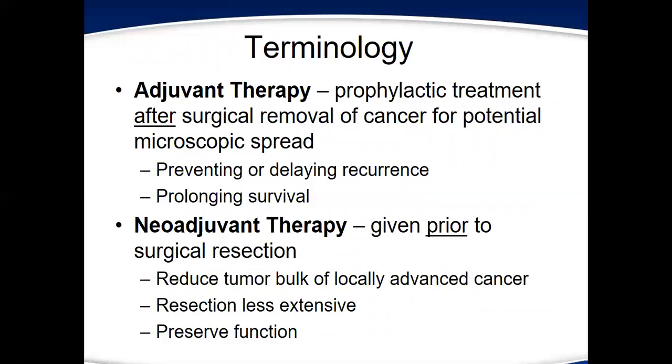Okay, now the adjuvant therapy term is usually associated with chemotherapy, although radiation therapy can be adjuvant therapy in nature also. Now, neoadjuvant therapy is systemic and/or radiation therapy given prior to surgical resection to reduce the bulk of locally advanced primary cancer, which is intended to make the tumor surgically resectable or to make the resection less extensive and to preserve the function of that organ.